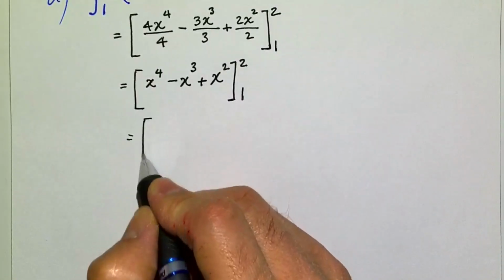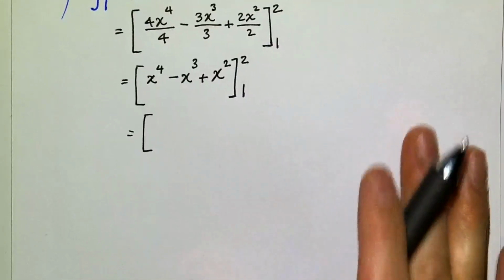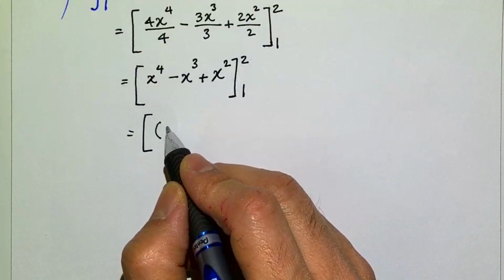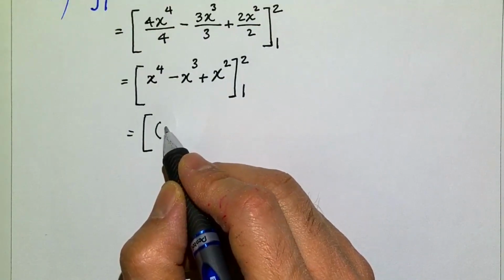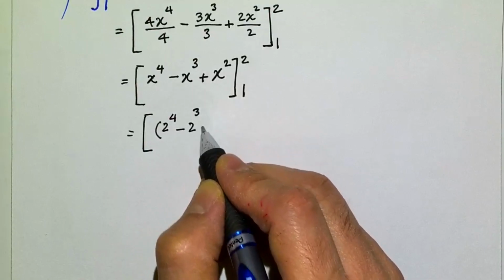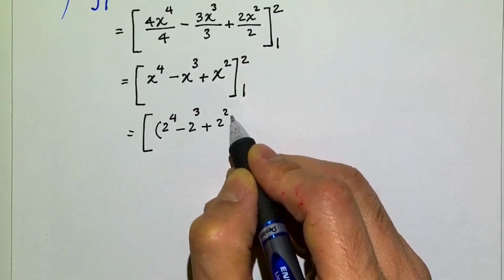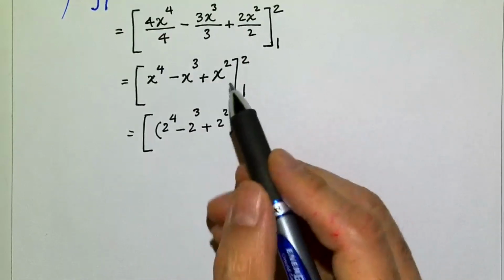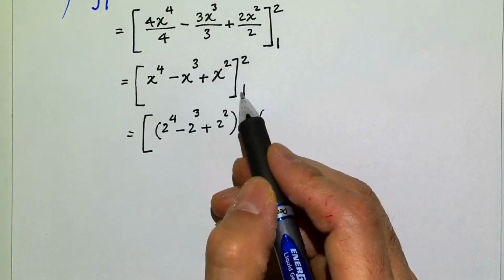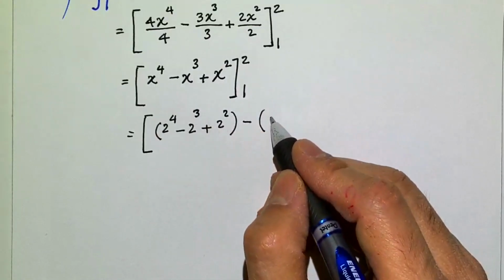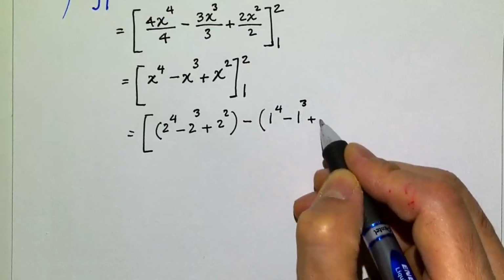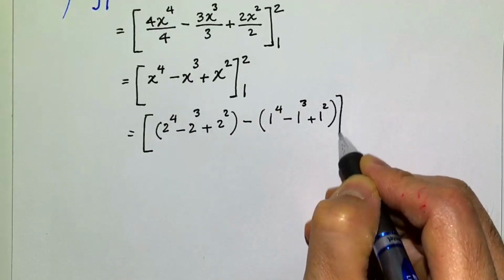So here's what I mean. And I hope this so far agrees with what you wrote down on your scratch paper before you came back to this video. So we have 2 to the 4th minus 2 cubed plus 2 squared, right? Minus, I just plugged in 2 for that. Minus, now we have to plug in 1, the lower limit, in all of these. So 1 to the 4th minus 1 cubed plus 1 squared, right? Like that.